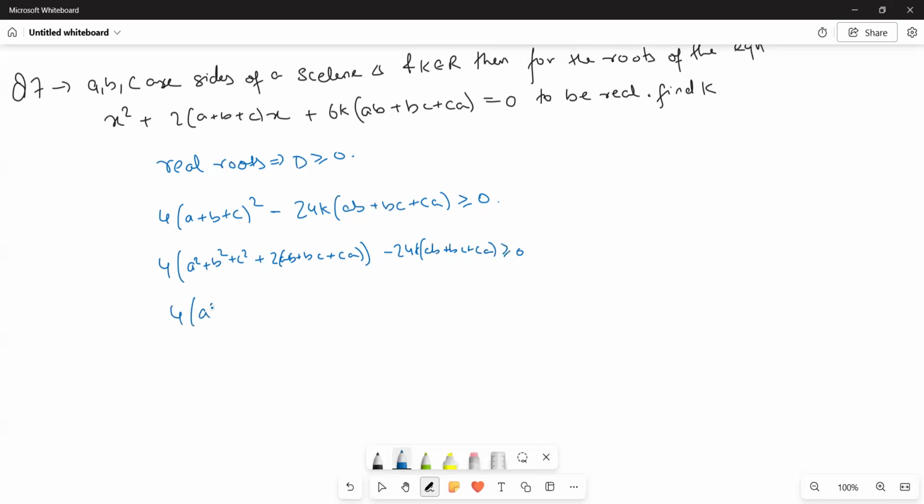Then it will come 4 times (a square plus b square plus c square) minus, okay, from here 8 came, so (24k minus 8) times (ab plus bc plus ca) will be greater than equal to 0. And a square plus b square plus c square is greater than equal to (24k minus 8) by 4 times (ab plus bc plus ca).